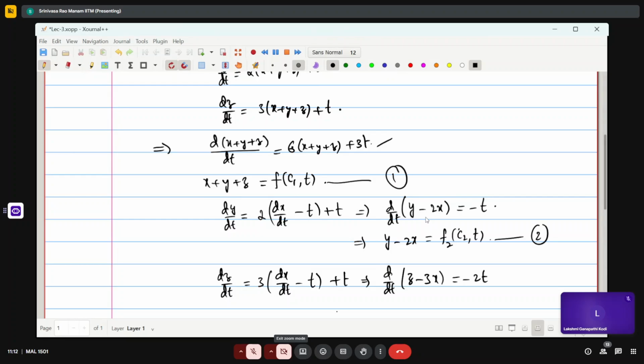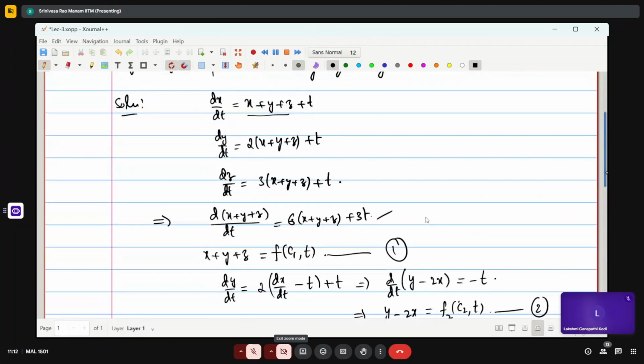You solve it to get z minus 3x equal to some function of t. Integration constant will give this one. So these are your 3 equations.